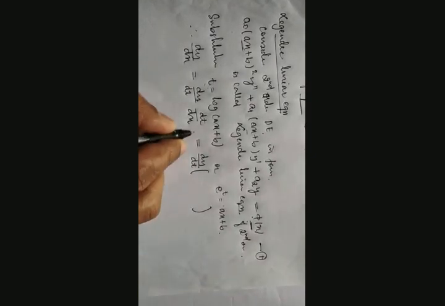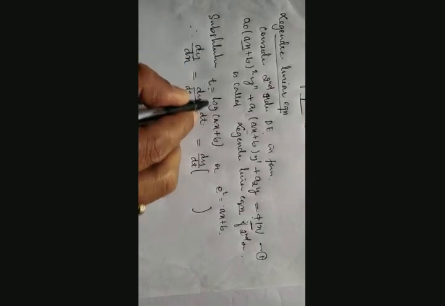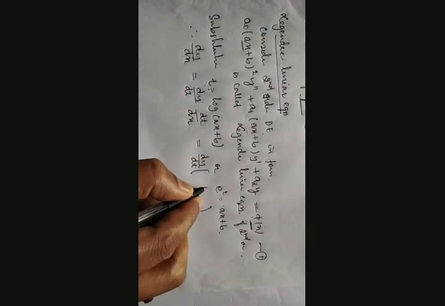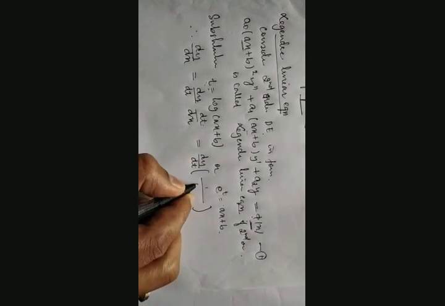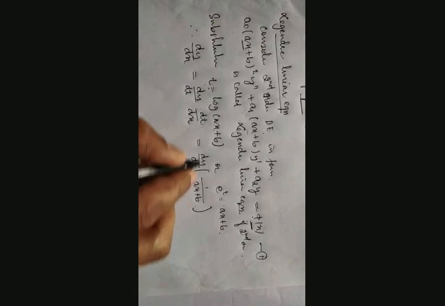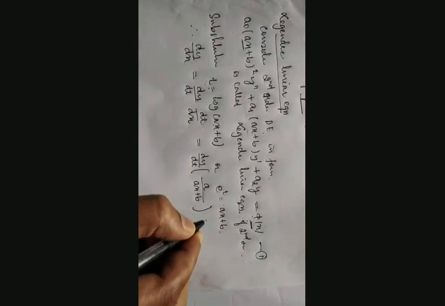What is dt by dx? t is already given, so differentiate t with respect to x. Differentiation of logarithm is 1 divided by (ax plus b), then differentiation of the bracket with respect to x is a.